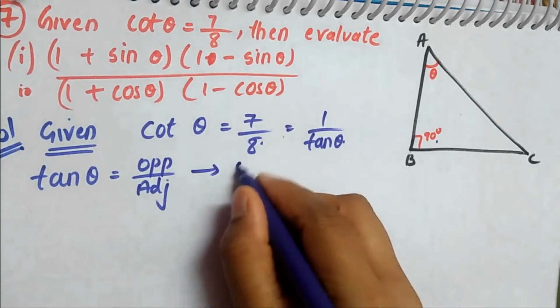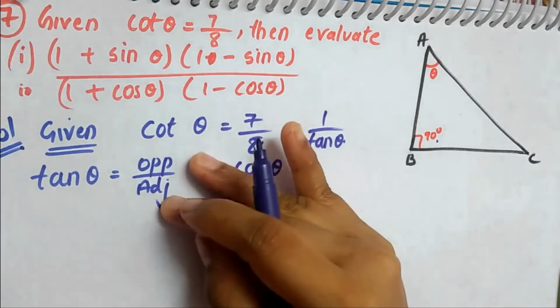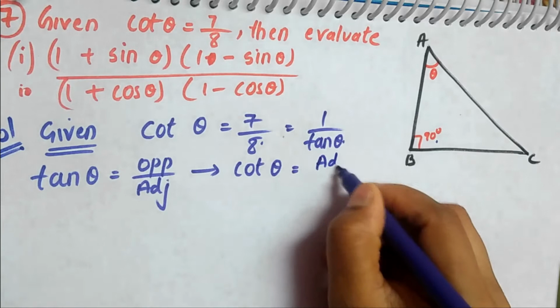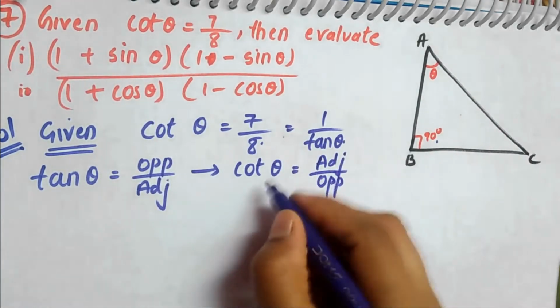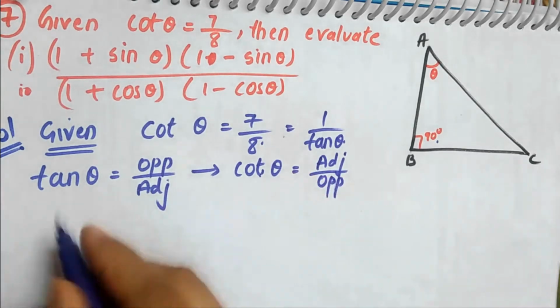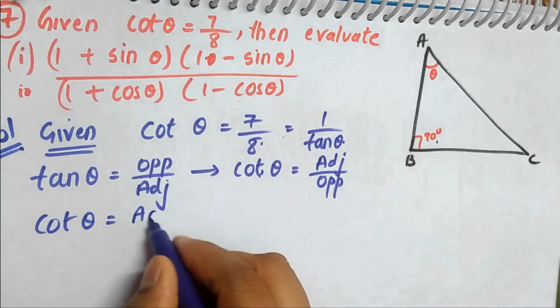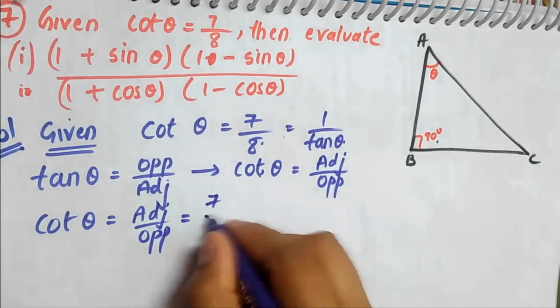Now cot theta will be the reverse of tan theta, so adjacent by opposite. Simple. So cot theta is equal to adjacent by opposite, which is nothing but 7 by 8.